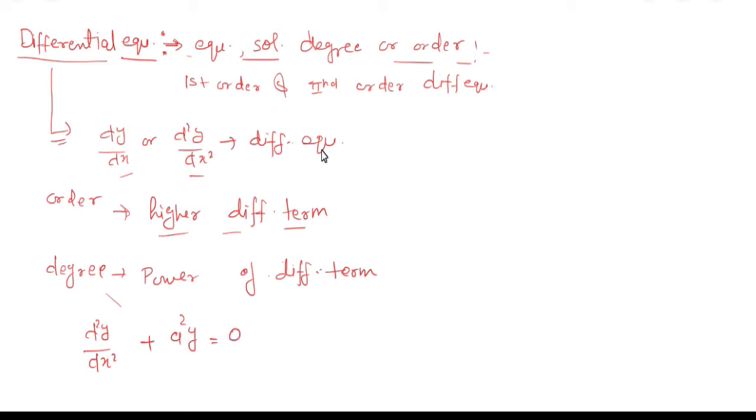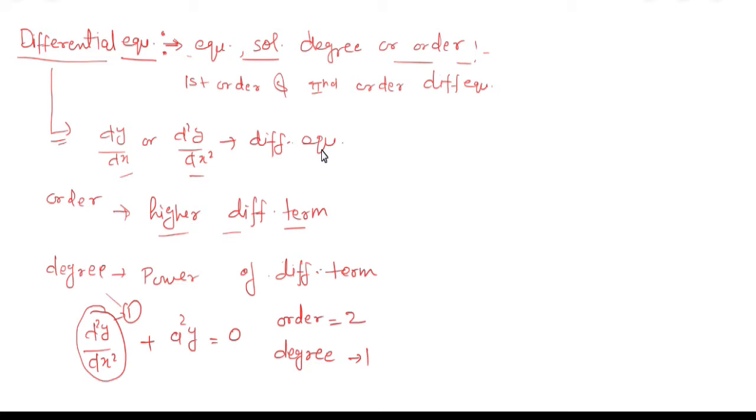Now here you can see that the maximum differential term is d2y by dx square and its power is 1. So the order will be 2 and the degree will be equal to the power of the maximum differential term, which is 1. So in this equation, the order is 2 and the degree is 1.